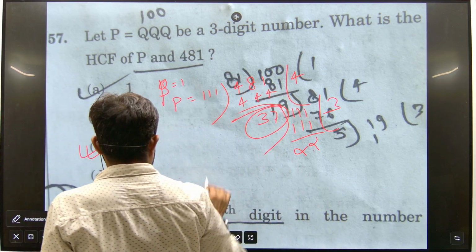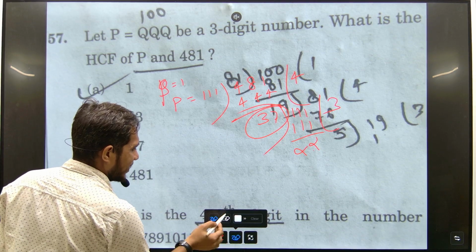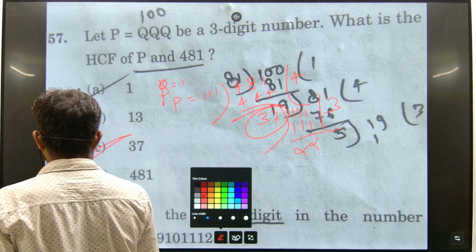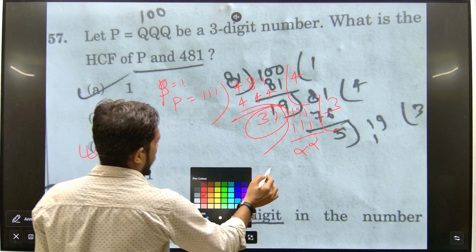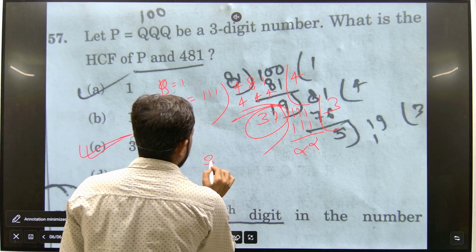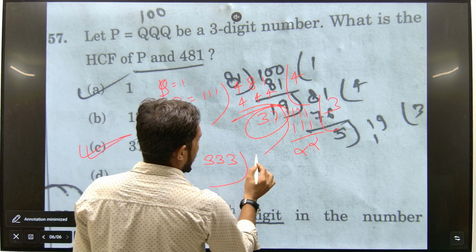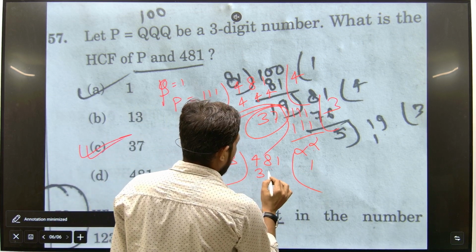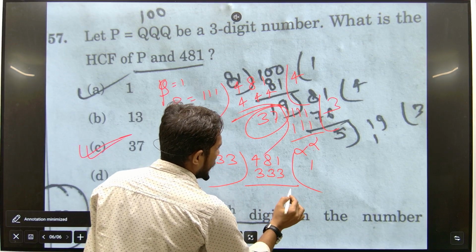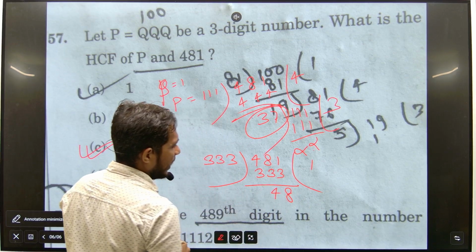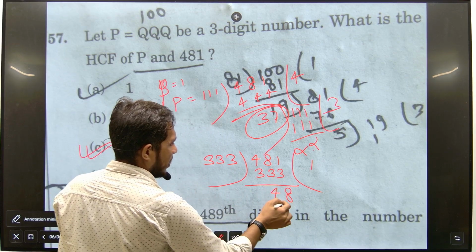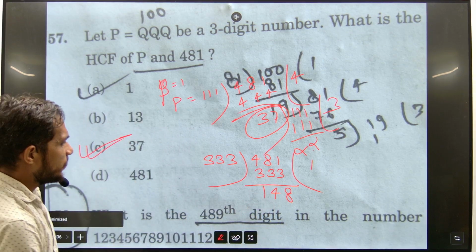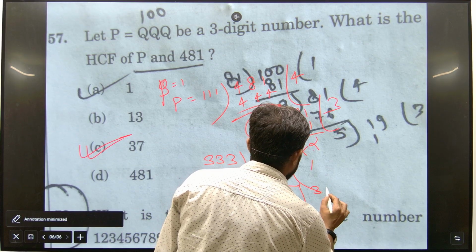Now for any major change or major fault, we must check the other number also. So when we check Q as 3, 333 and 481, 481 minus 333 gives 148. Now 148 into 333.